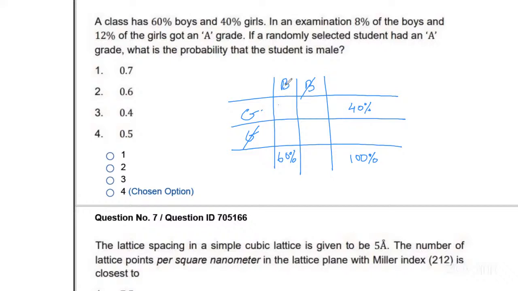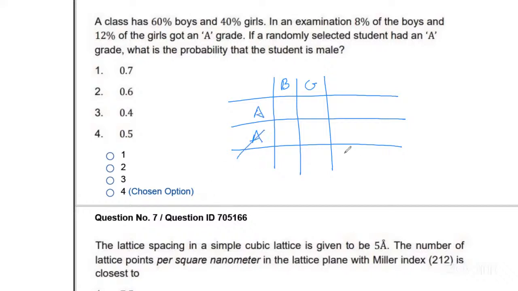So if I were to use this as A grade, not having A grade, boys and girls. See, very important mistake out here. I should have put A grade, not A grade, and boys and girls. So boys and girls, A grade and not A grade.